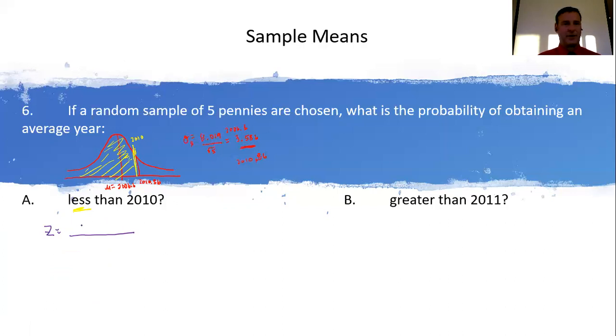My x bar was 2010, minus the mean, 2006.6, all over the standard deviation, 3.586. If you do all that math, you get 0.95.